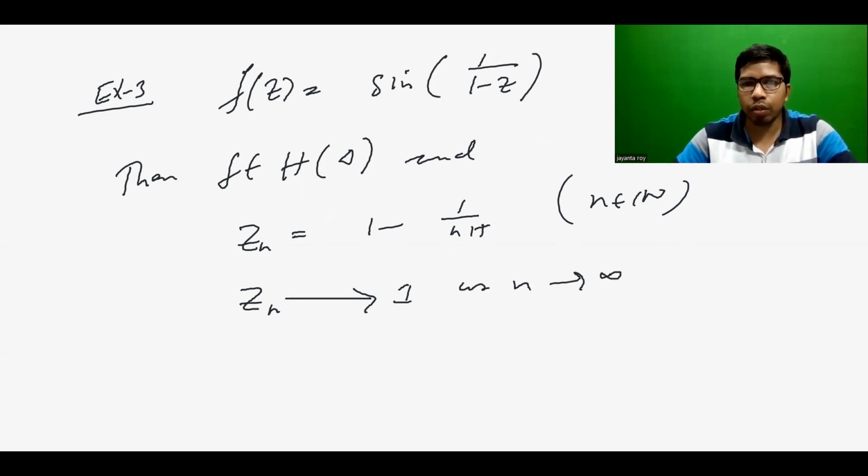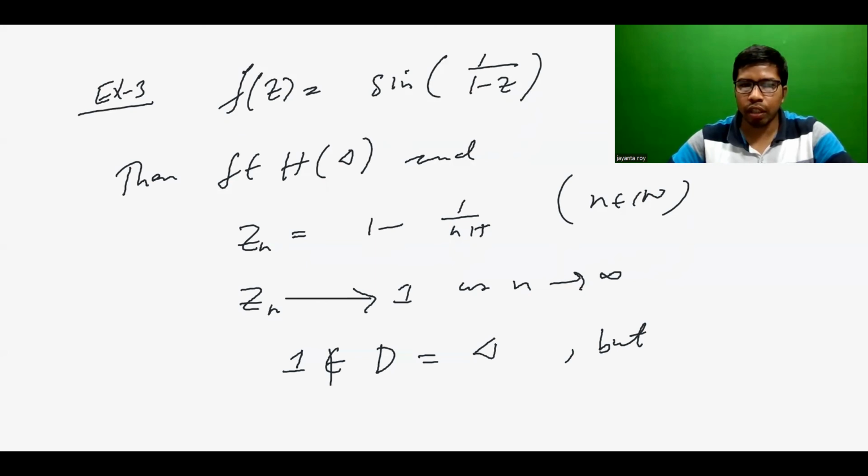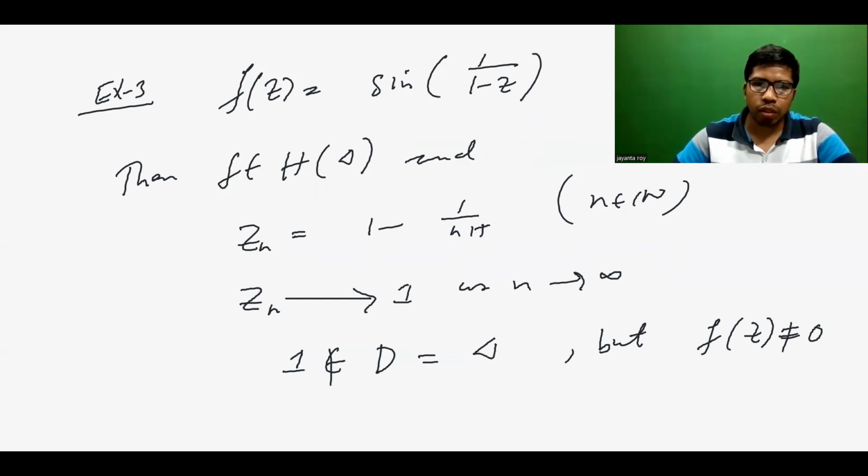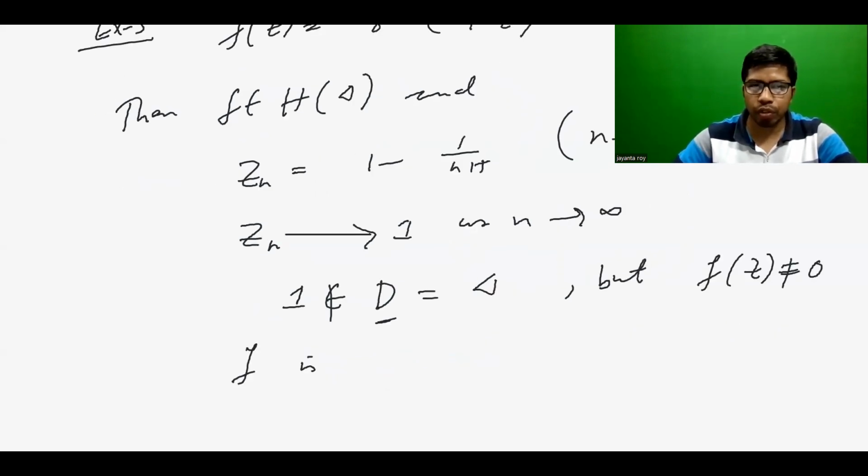So the set of all zeros has a limit point 1, and this limit point is not an element of the domain D. Here D is the unit disk. So the set of zeros has a limit point, but f is not identically equal to 0, because this limit point does not belong to the domain, and also f is not analytic at 1.